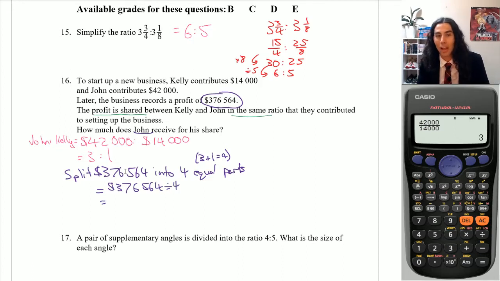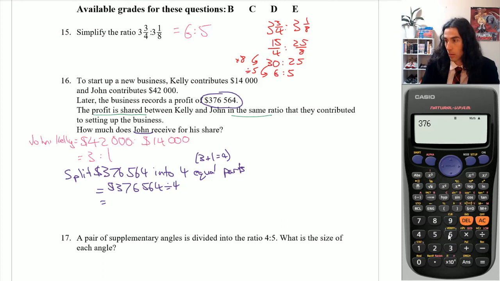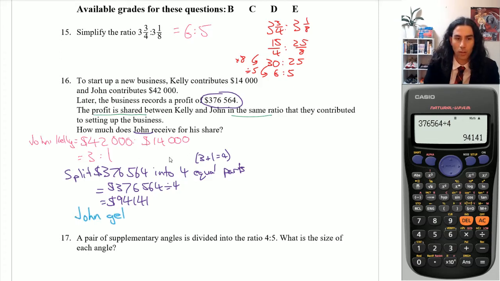So it'll be 94,141. Because then they made it easy. Whoever set this up, they made the numbers nice. So that's it. John gets 3 lots of that.